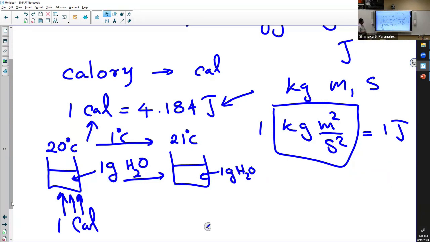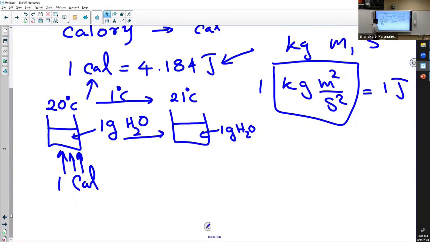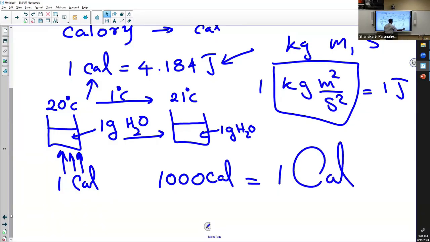Nutritional calories, normally you express like I burned 300 calories or I had 500 calories. That's not the same as this calorie. It's called a nutritional calorie. So 1000 small calories is equal to 1 nutritional calorie.